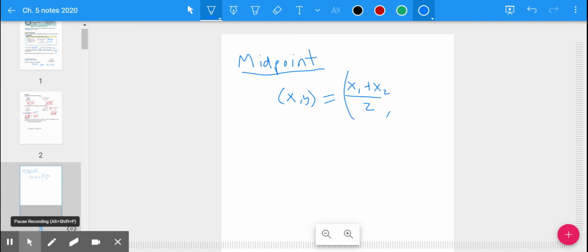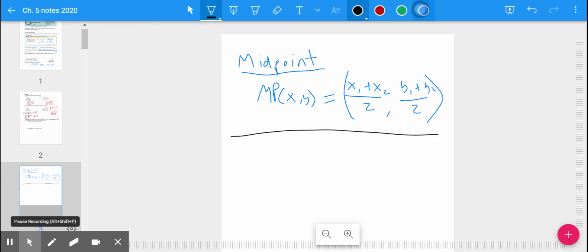And then you do the same thing with the y's, y1 plus y2, divided by 2. And that's how you get the y value for the midpoint. So we see a midpoint, x y, would be taking the coordinates, and really you're finding the average of the x's and the average of the y's. So we're going to use that in just a sec.